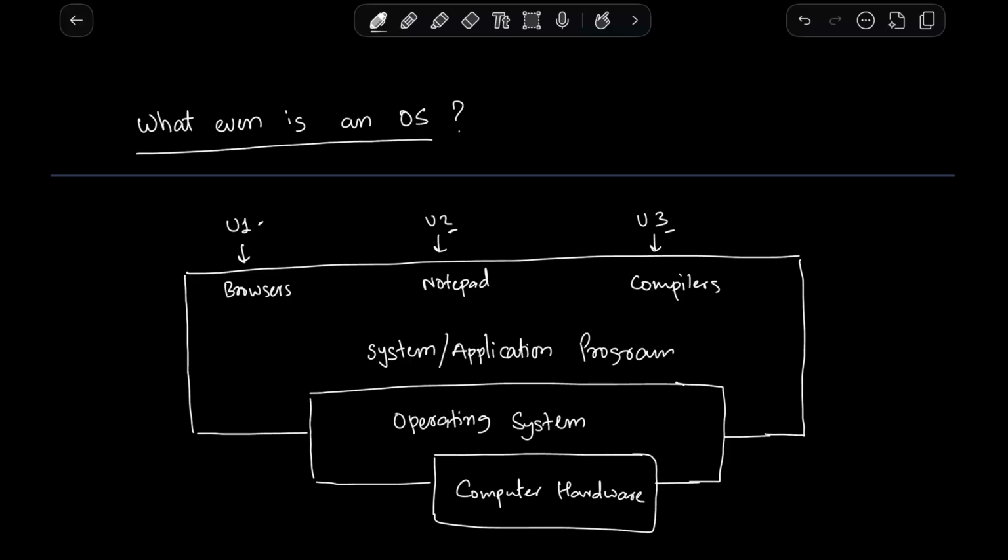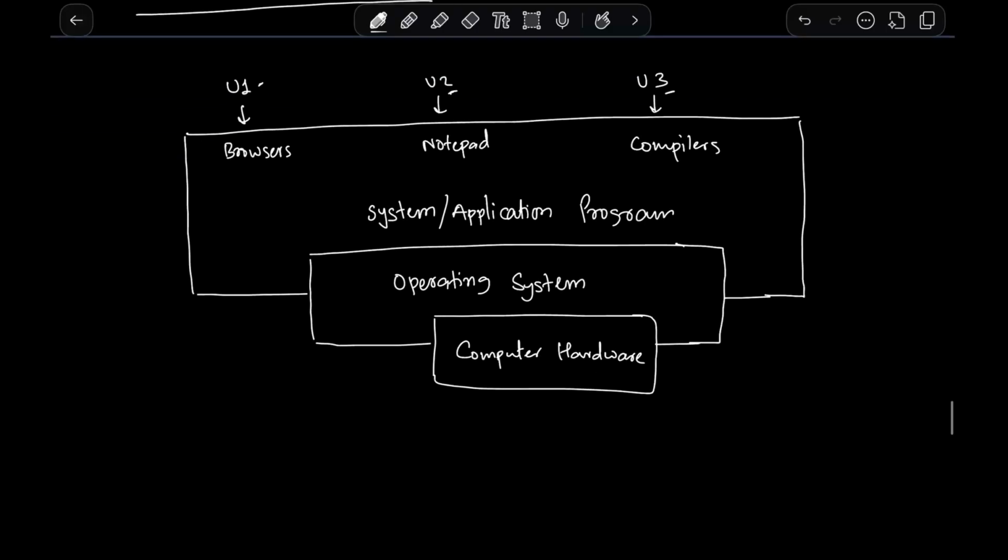We'll see all those kernel jargons once we go in depth. For the time being, the simple point is that you could depict an OS as an interface between user and computer hardware.